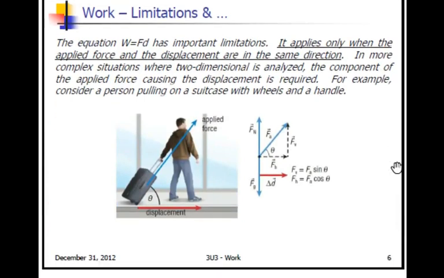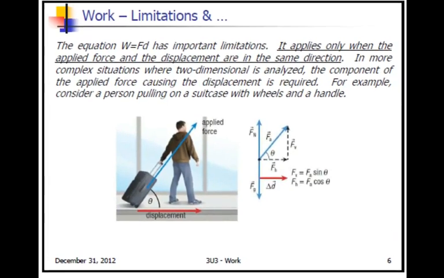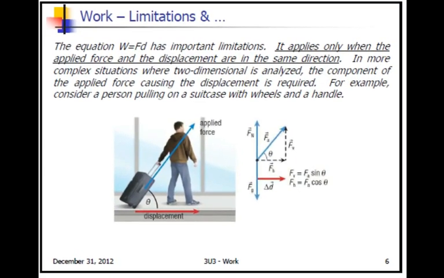So the equation, work equals force times distance, has some limitations though. One of them is that it only applies when the force and the displacement are in the same direction. So let's look at a situation like this. Somebody's carrying a luggage at an angle, so they're pulling on the luggage at an angle.